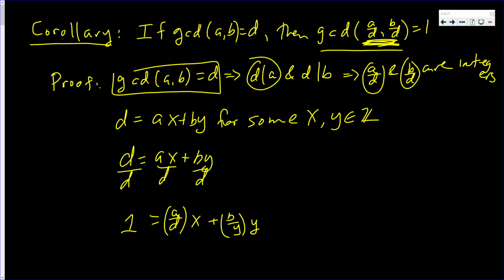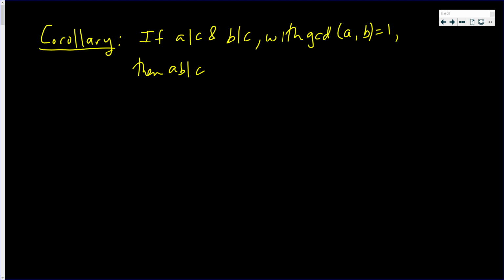But by the previous theorem, if an integer multiple of A over D and an integer multiple of B over D is 1, that implies that the GCD of A over D and B over D is 1. That completes that corollary.